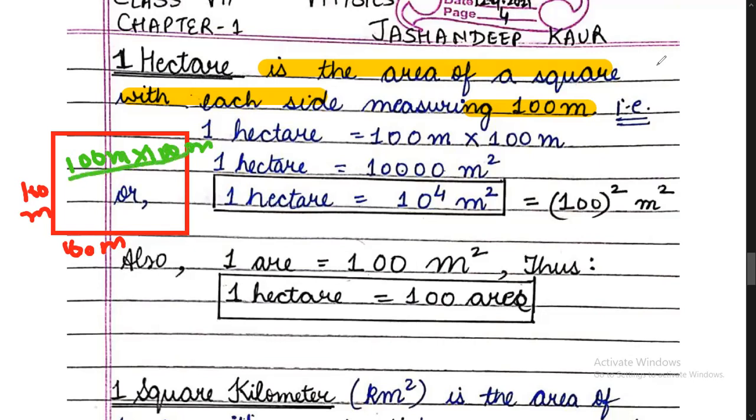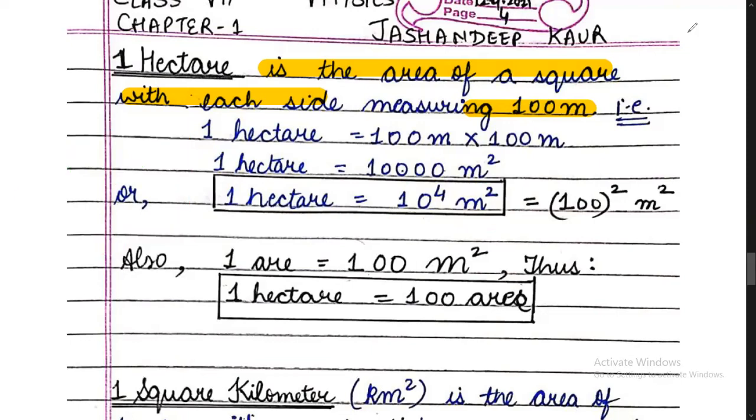So let's write it in exponent form: 10 raised to power 4, since 4 zeros are coming, and meter is coming 2 times, so meter square. This is the way you write down the relation of hectare.